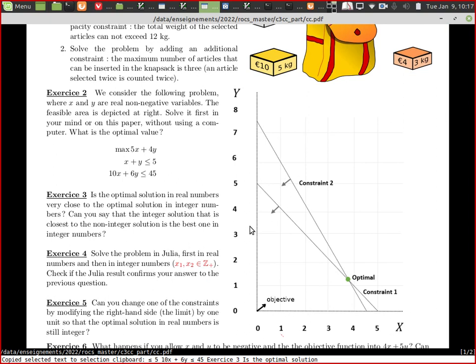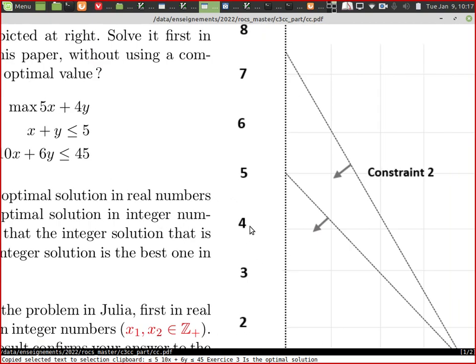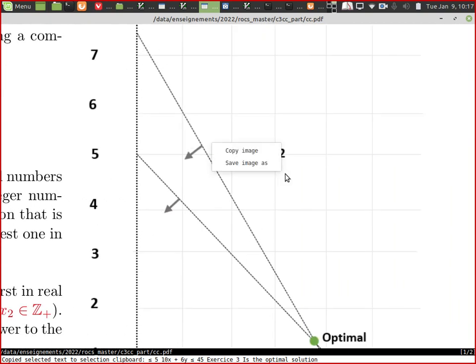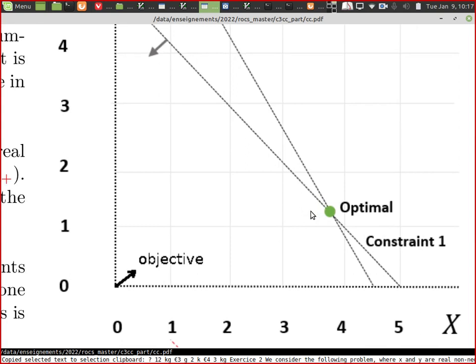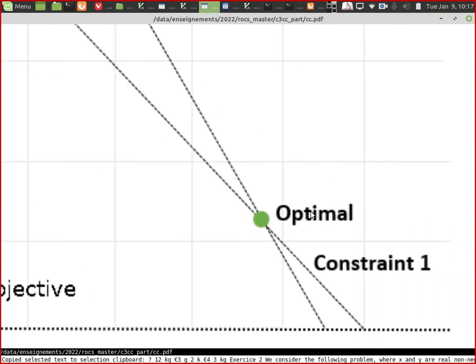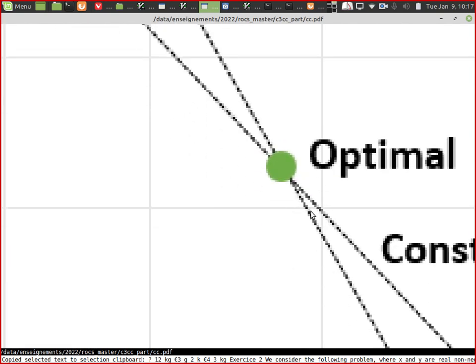This is because if I do this, what happens? The second constraint will move a bit to the right. And if I zoom here, if I zoom enough here, what will happen when these constraints move a bit right? It will actually go through this point.